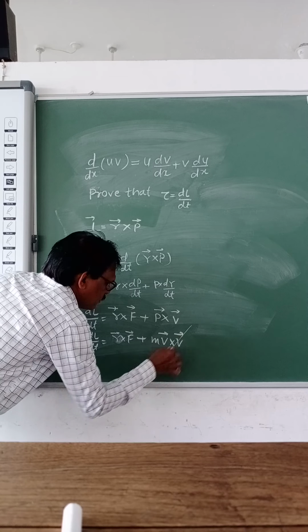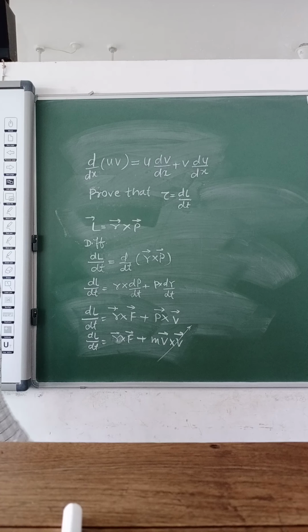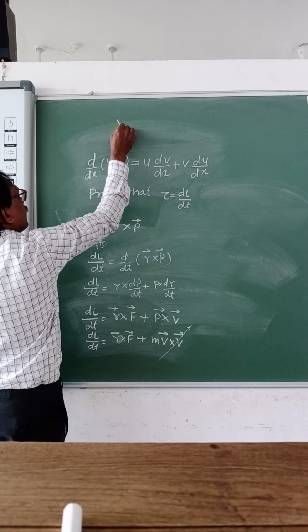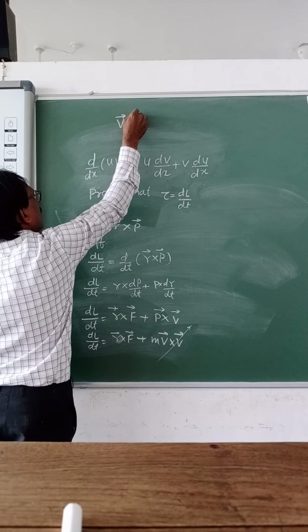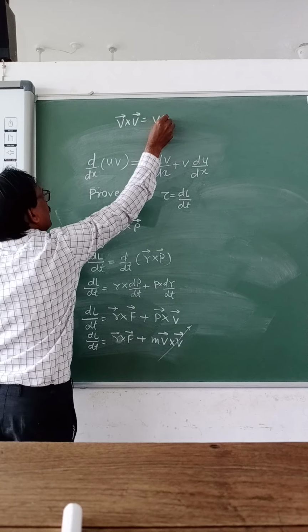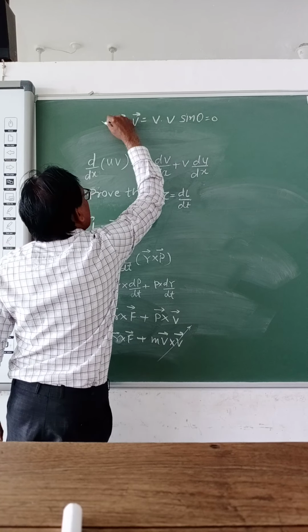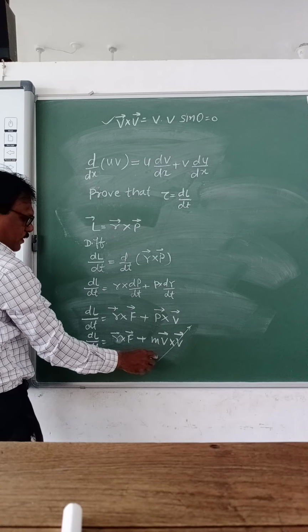This factor will be 0. Why? Because the cross product of two identical vectors is v v sin 0, which is 0. So v cross v is 0.